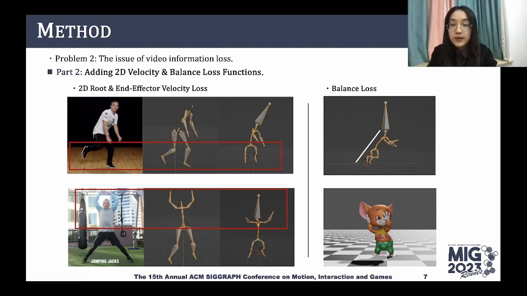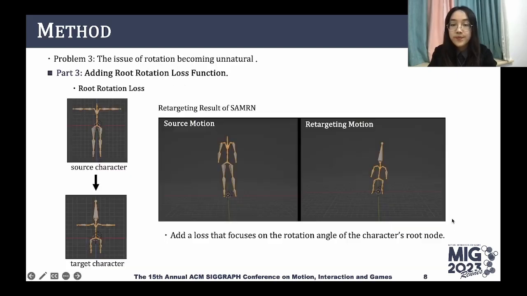So what we are doing here is adding a 2D root and end effector velocity loss function, also to address issues like the character's balance being off or the head direction looking unnatural. We are introducing a balance loss function. This function calculates the difference in the direction vectors of the head node between the source and the target characters.